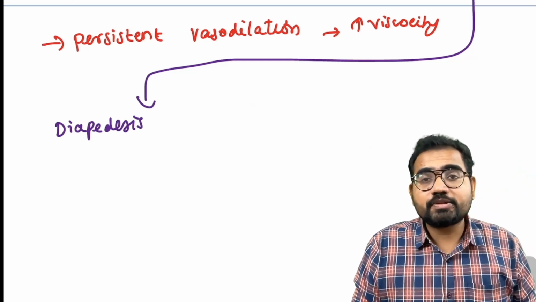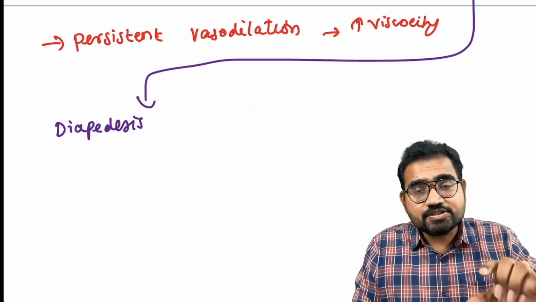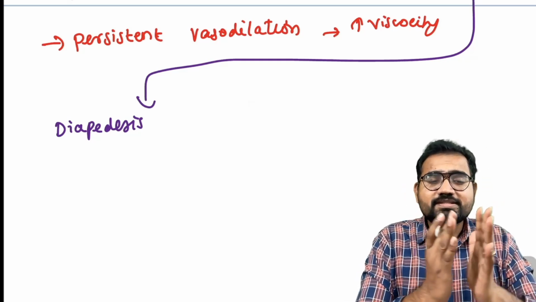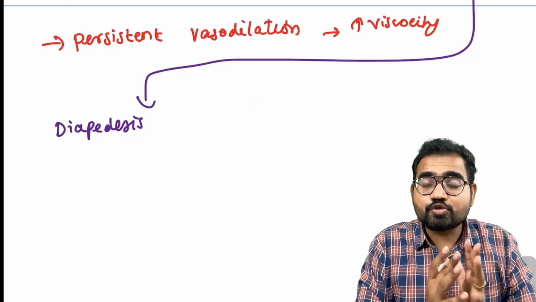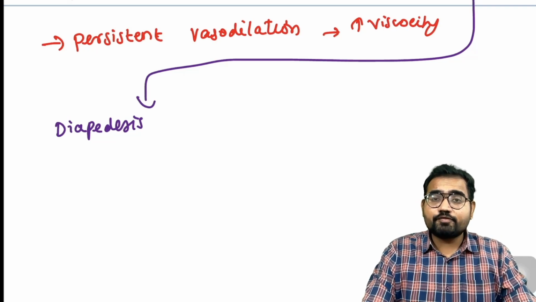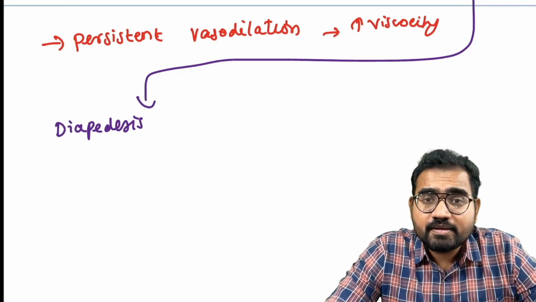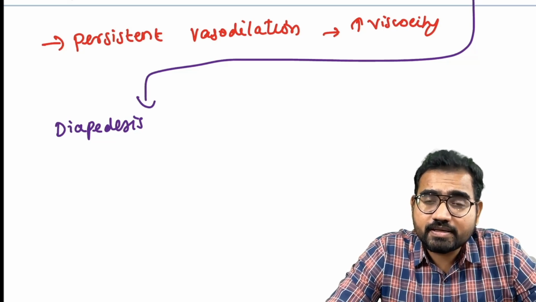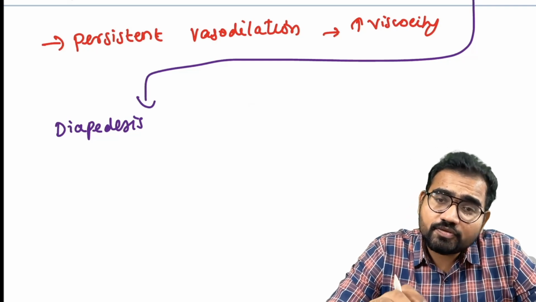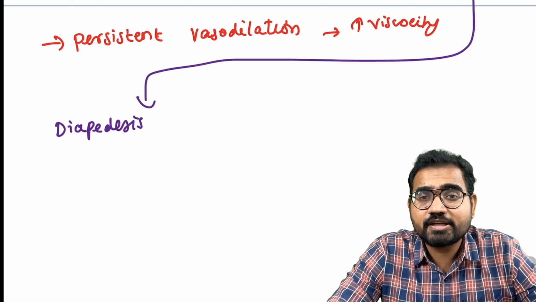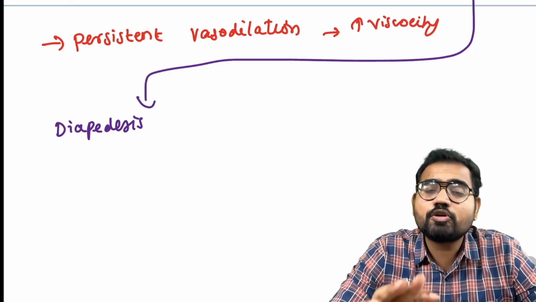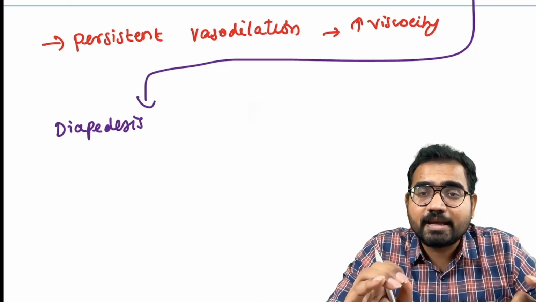With the help of diapedesis, the cells of inflammation move outside. Because the cells are widely spaced, there is increased vascular permeability, increased hydrostatic pressure, and vasodilation, which are features of inflammation. These lead to the formation of edema and also help neutrophils come out of the endothelium by diapedesis.